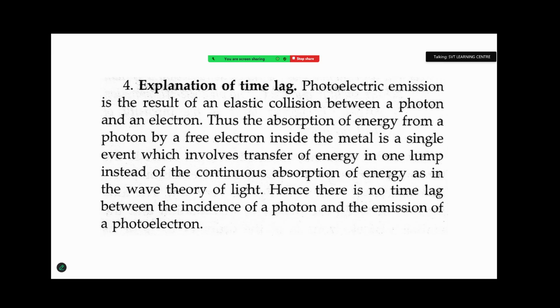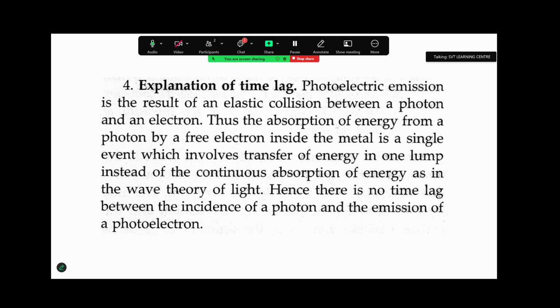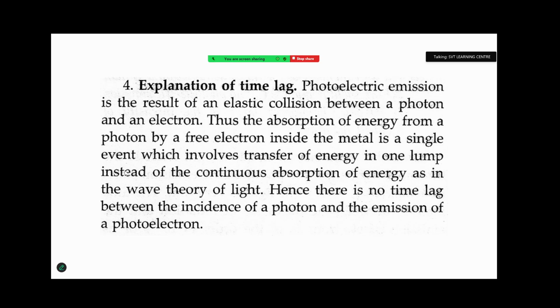It's not a continuous thing, it's a single event. Photon strikes electron, electron absorbs all the energy of the photon, that's it, finished. This involves transfer of energy in one lump sum instead of continuous absorption of energy as in the case of wave theory. Hence there is no time lag between incidence of photon and the emission of electron.